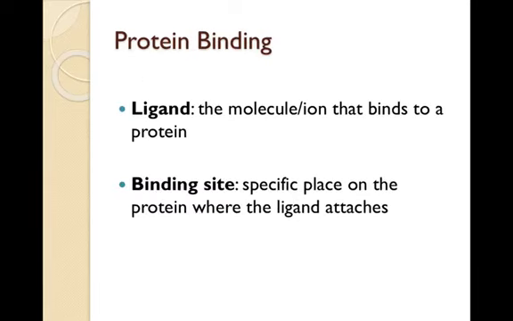A little bit on protein binding. There are a couple of terms you should know. The first is a term called ligand. So a ligand on a protein is a molecule that attaches to the protein. So the ligand is the molecular ion that actually binds to a particular protein. The term binding site is the specific location on a protein where a ligand attaches.